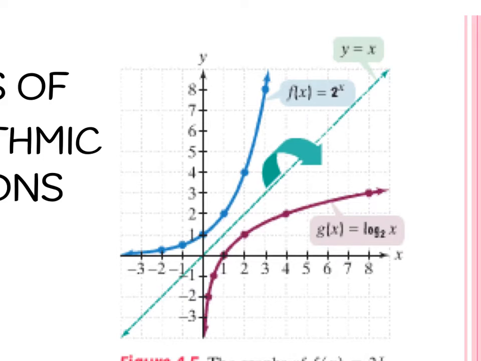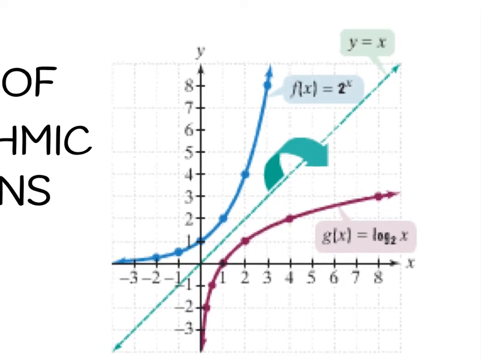My domain for my exponential function is all real numbers, negative infinity to positive infinity. So instead of the domain being all real numbers in exponential, in logarithmic, all real numbers goes with what? If it's not the domain, it goes with the range. My range for my blue smooth curve is 0 to infinity. So what's my domain for the red one?